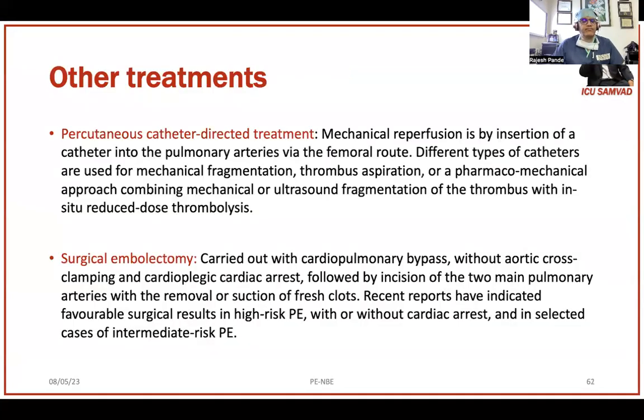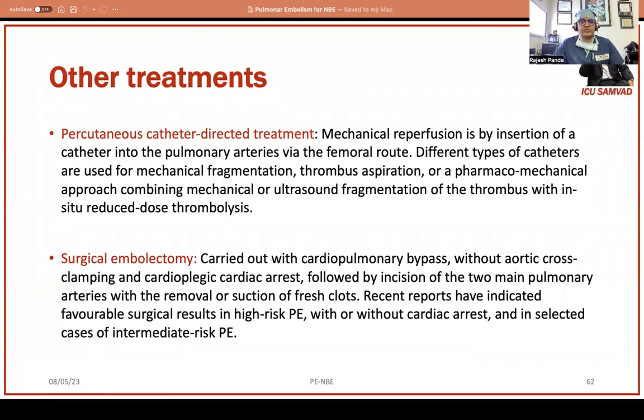Other treatments are percutaneous catheter-directed treatment, where through a femoral route you insert a catheter through the femoral vein and direct it into the pulmonary vasculature. Different types of catheters are available. So you can do mechanical fragmentation, thrombus aspiration, or a pharmacomechanical approach, which combines mechanical or ultrasound fragmentation of thrombus with in situ reduced-dose thrombolysis.